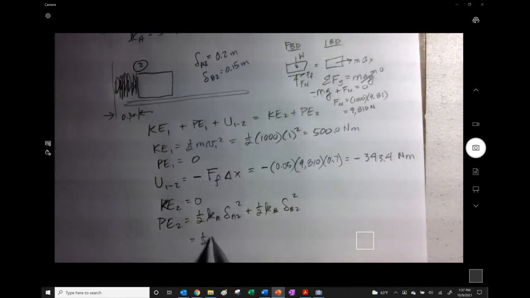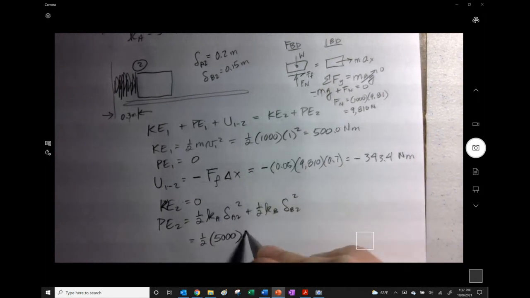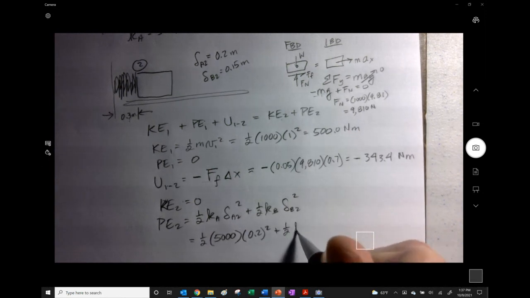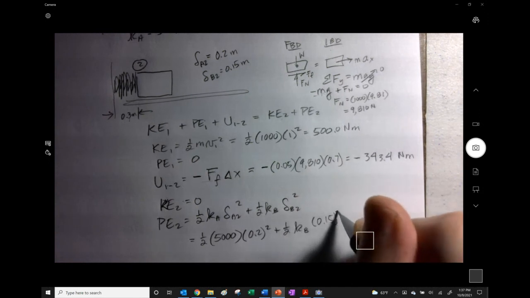So you got 1/2. And they gave it to us in kilonewtons per meter, so we really want to use newtons per meter, because we have meters right here, and we got 0.2 squared plus 1/2 KB, the thing we want to find, times 0.15 squared.